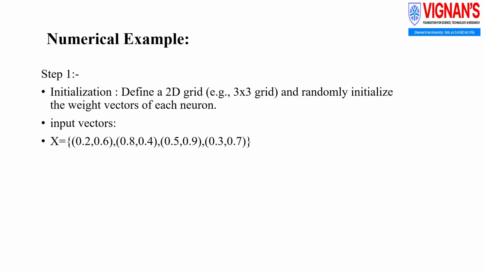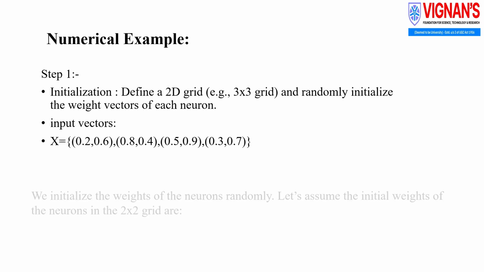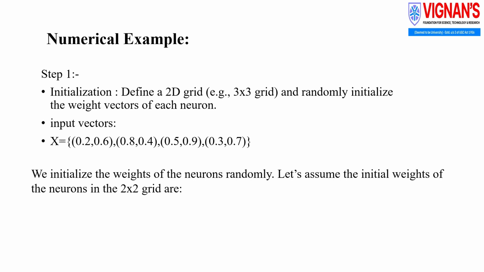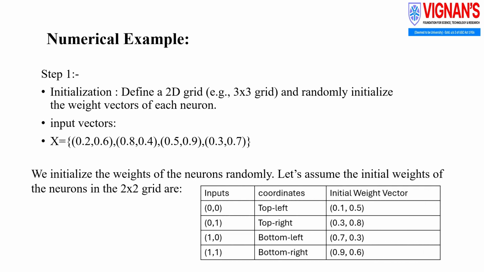Each neuron will have two weight values, because each input has two components. At the start, these weights are initialized randomly, since the network has not learned anything yet. This provides a basic starting point for the learning process.